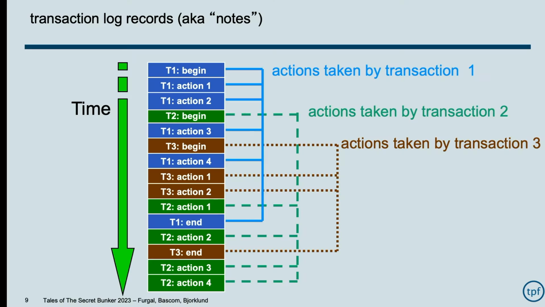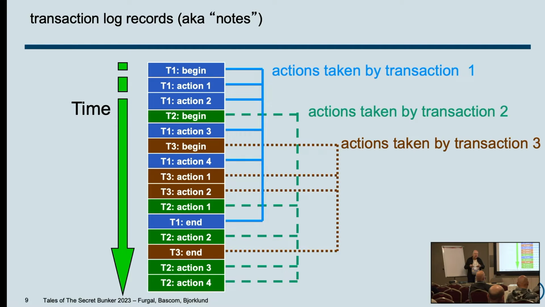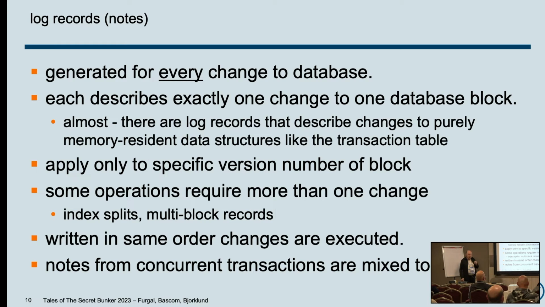So what gets recorded in both of these logs is a series of notes that are ordered by time. And when there's multiple users using the same database, the notes that they generate are mixed together in time order. There's one note for every change to the database. And some database changes generate multiple notes.